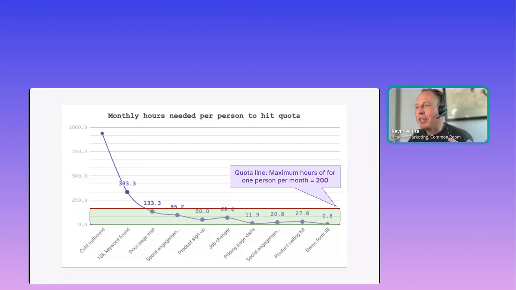Assuming they work 5 hours a day purely on pipeline generation and outbound, they can work 100 or fewer hours on these signal-based things.